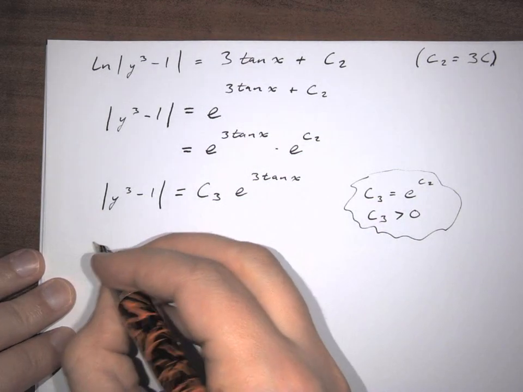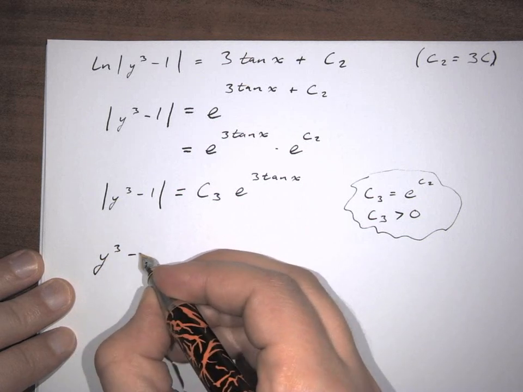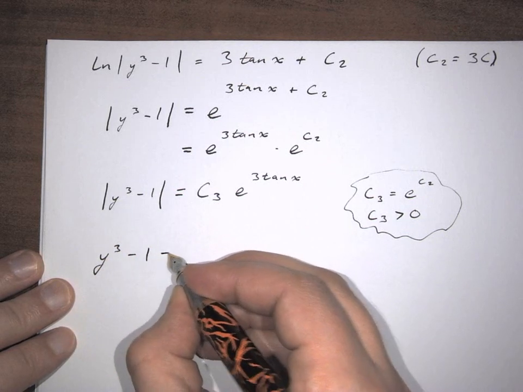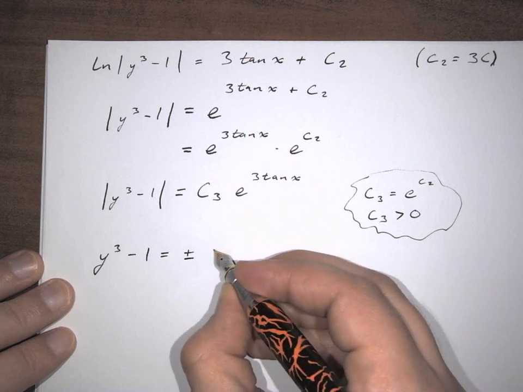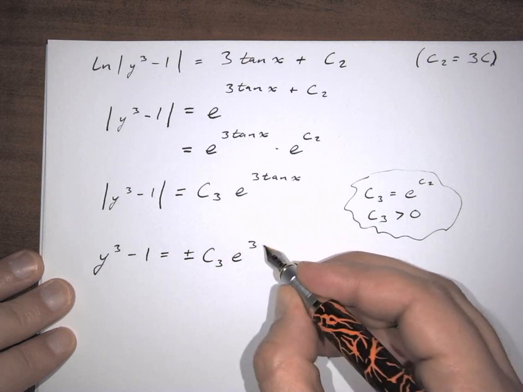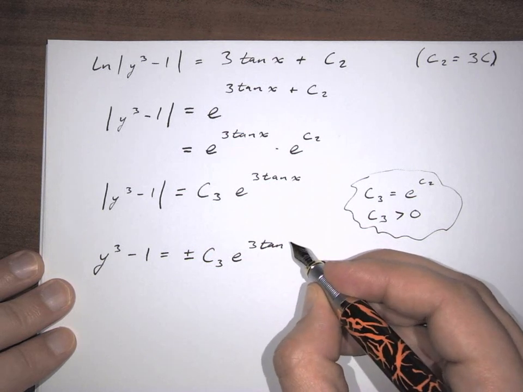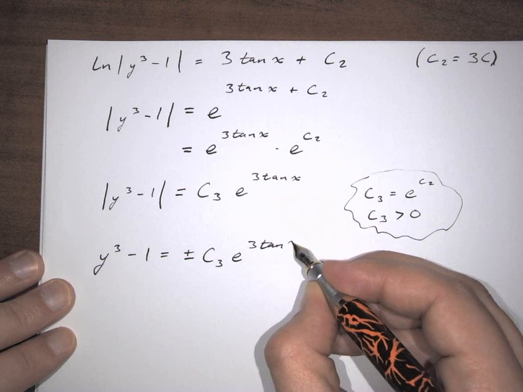But now I can remove the absolute value by putting a plus minus on both sides. So it's going to be plus or minus c3 e to the 3 tan x.